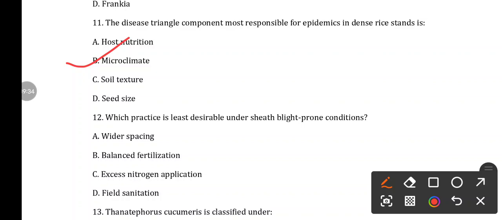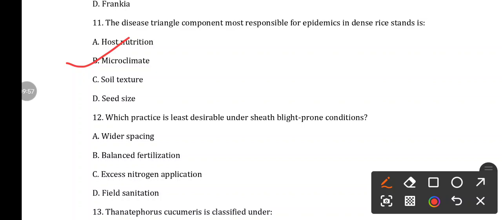As we have already discussed, the epidemics are generally caused due to the dense canopy development due to excessive application of nitrogenous fertilizer, that is changing the microclimate, making it more humid. That's why the pathogen is able to multiply more easily.